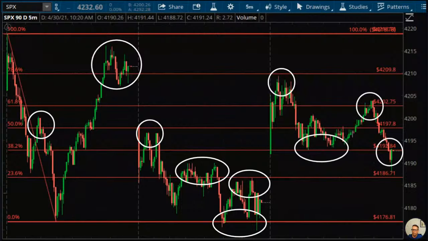So you can see there how Fibonacci works, and this is just a 5-minute chart. I use these on the hourlies and the dailies, right? And they tell me where we're going to have congestion, and when it breaks, where there's a breakout. This is probably the best tool, the best indicator that you can use if you're trading, especially for futures. And I do use them for zero DTE to identify those areas and for other credit spreads as well.